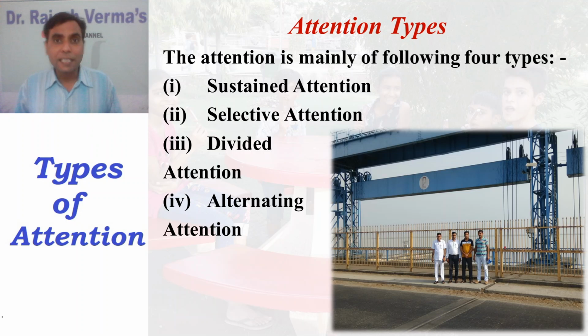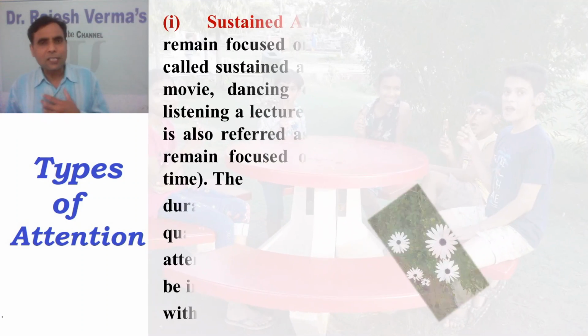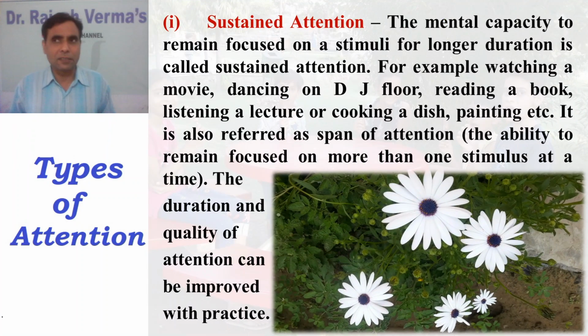Let us briefly describe each attention type. Let us start with sustained attention. The mental capacity or cognitive capacity to remain focused on a stimulus for a longer duration is called sustained attention. It means you are focused on a stimulus for a longer period.